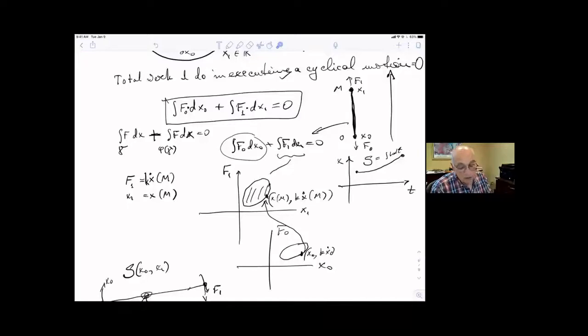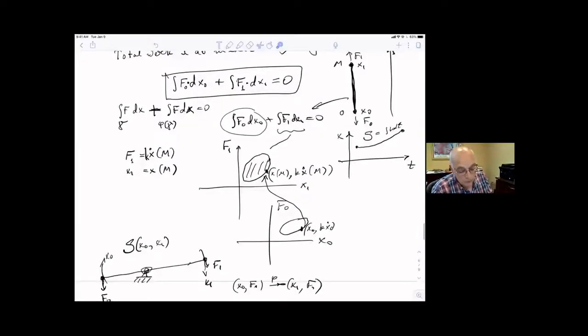And the remarkable thing is that, I'll just stop here, if you look at the derivative or the gradient of this, so fix this end and look at the gradient of S with respect to this end. It turns out that the analog of force has two directions, right? In this case, it's the t direction and the x direction. And it turns out that the force in this direction is the Hamiltonian, and the force in this direction is the momentum.